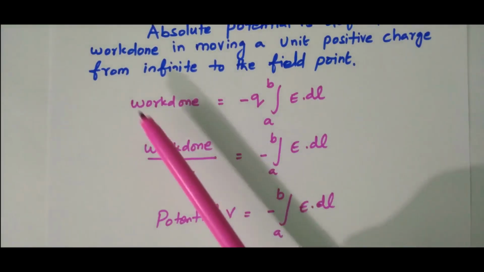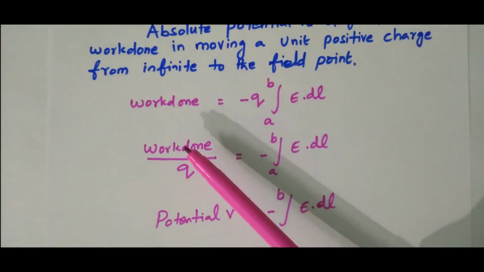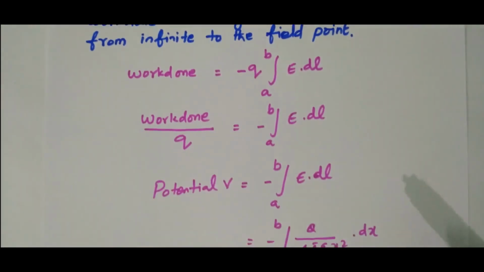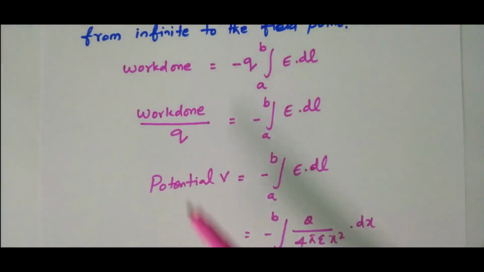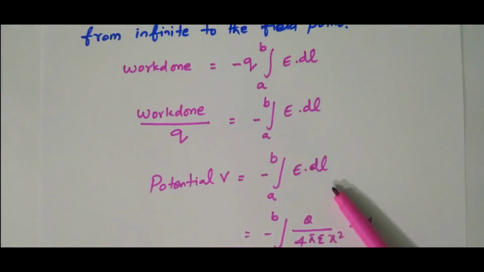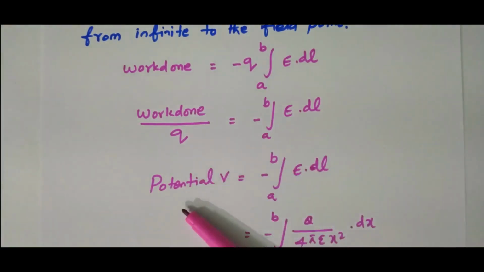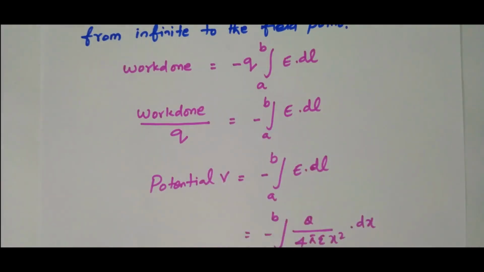From the definition it is clearly given: work done in moving a unit positive charge. So work done per charge is nothing but potential V. So the potential V equals minus integral a to b E dot dl, right? Work done in moving a unit positive charge can be replaced as potential.